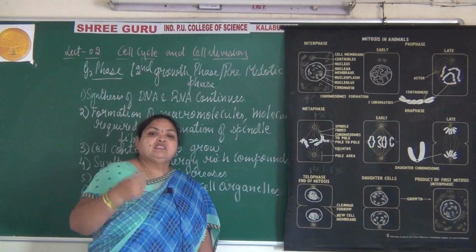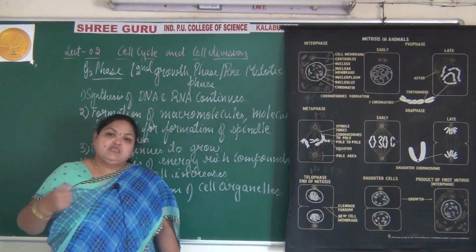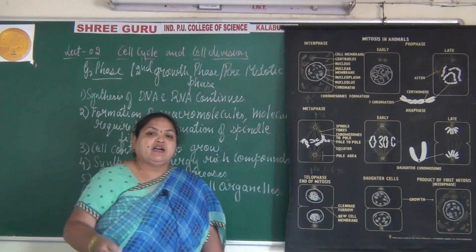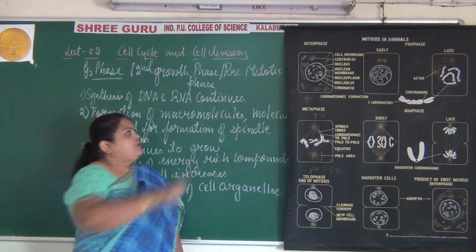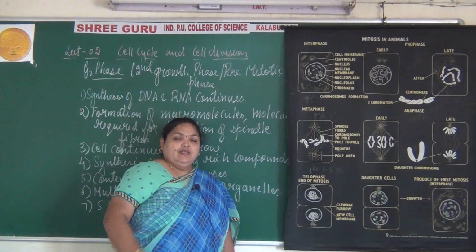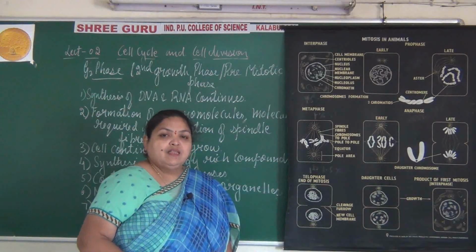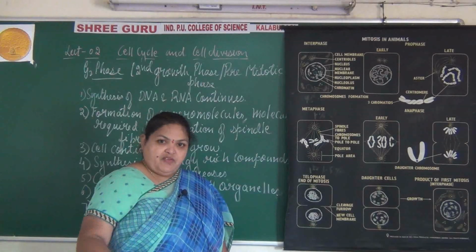What are the events in G1, what are the events in synthesis, and what are the events occurring in G2 phase. In the next class we will continue with the next part of the cell cycle, that is the mitotic phase.